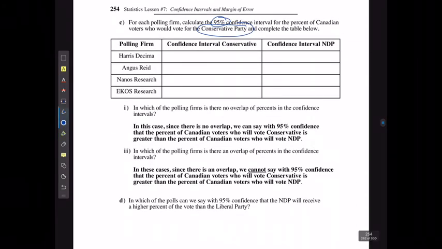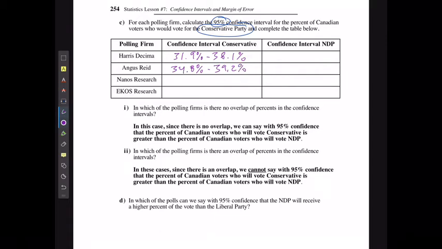So for the Conservatives, for the first one, it would be 31.9 to 38.1. For the second one, it's going to be 34.8 to 39.2.